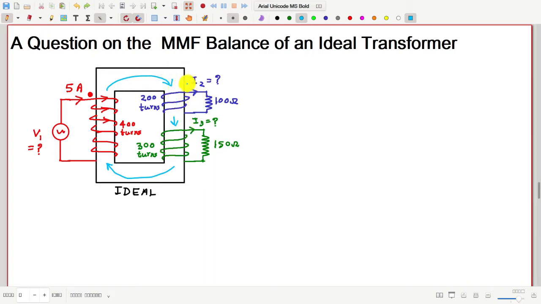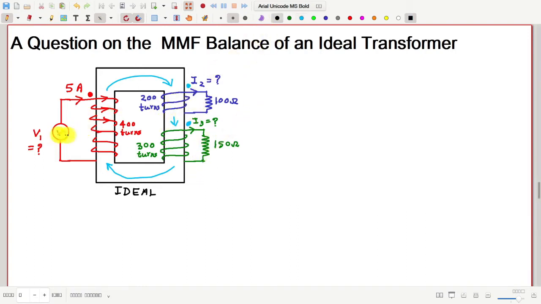So we put a dot at the upper end of this coil. In the same way, you can find where the dot for the third coil should be. Once again, to get a clockwise flux, we need the current to flow in this direction, so the current enters through the upper end of this coil. So the dot should be at the upper end like this.